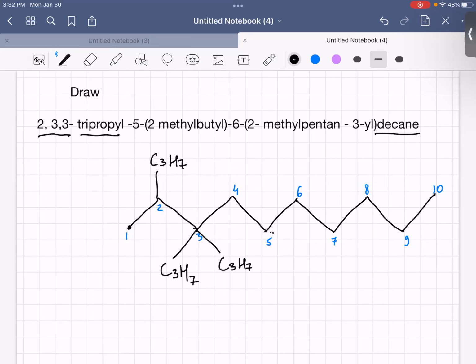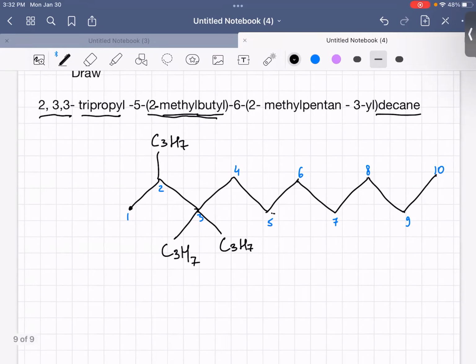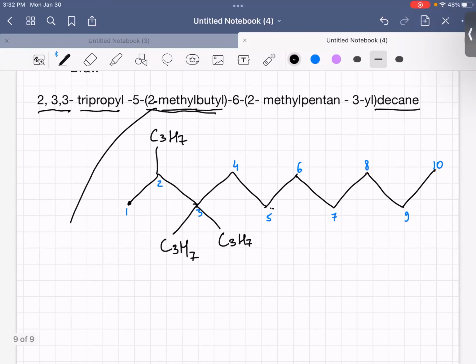Okay, so on carbon number 5, there's a 2-methylbutyl. So what does that mean? That means, at first, let's draw this here. So butyl, 1, 2, 3, 4. It has a functional group, which is a methyl, right here.